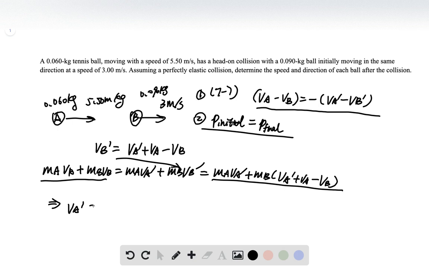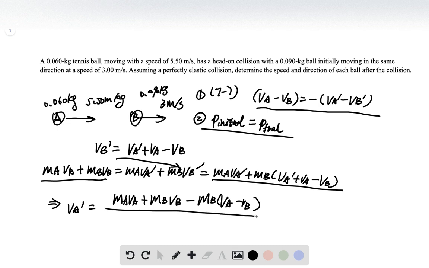So we have VA prime equals (MAVA plus MBVB minus MB(VA minus VB)) divided by (MA plus MB).